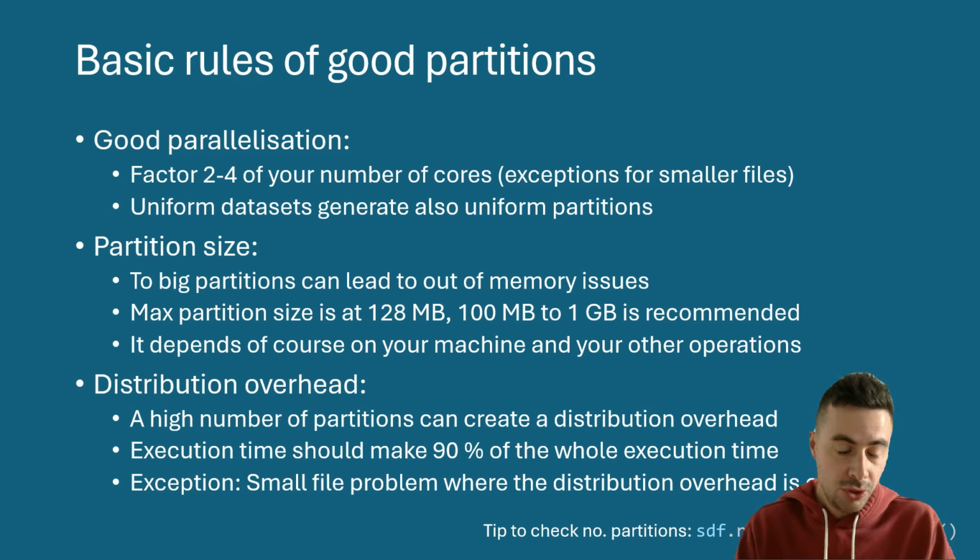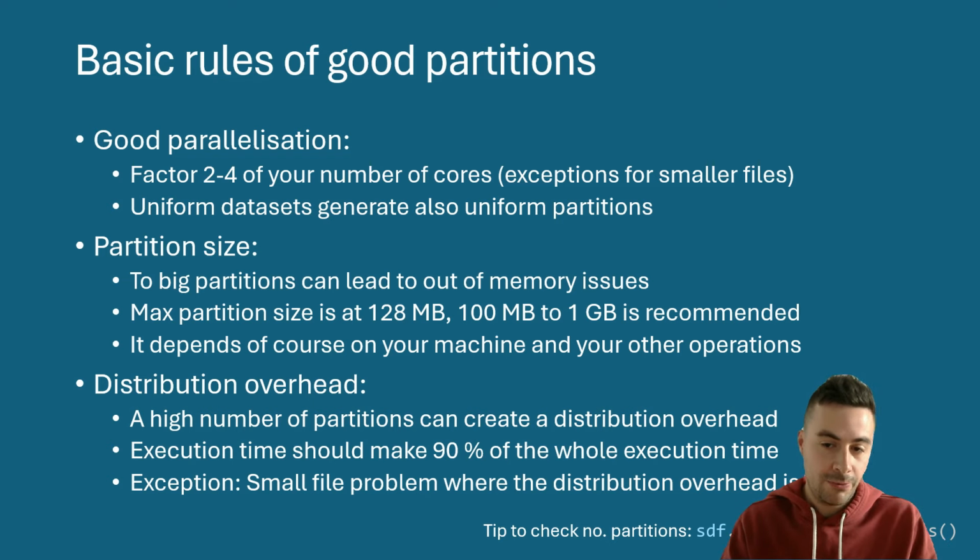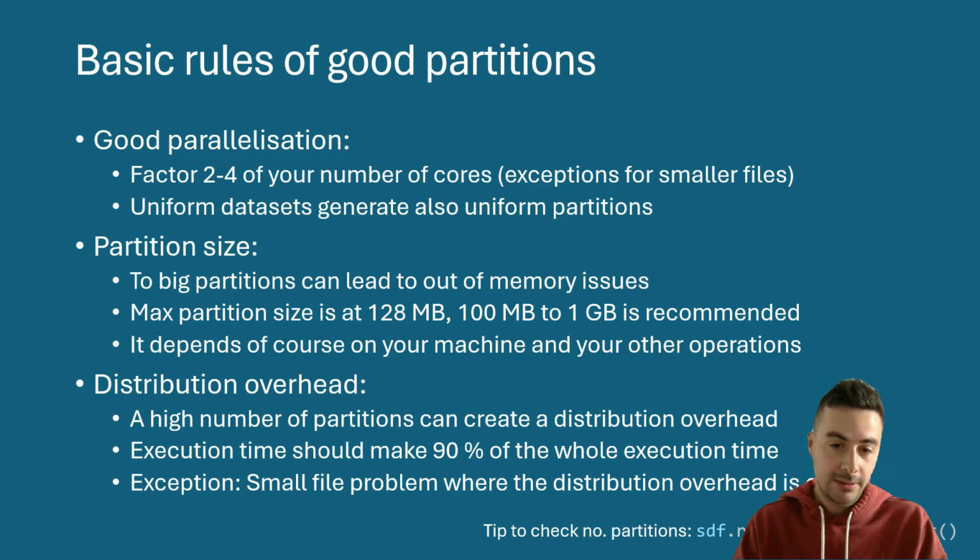And regarding distribution overhead, as already mentioned before, a high number of partitions can create a distribution overhead. So it's not necessarily always bad to have too many partitions, so factor 5, 6, but at some point you're gonna realize it's a big overhead, and usually you can see it in the Spark UI under your stages that the actual execution time is less than 90%.